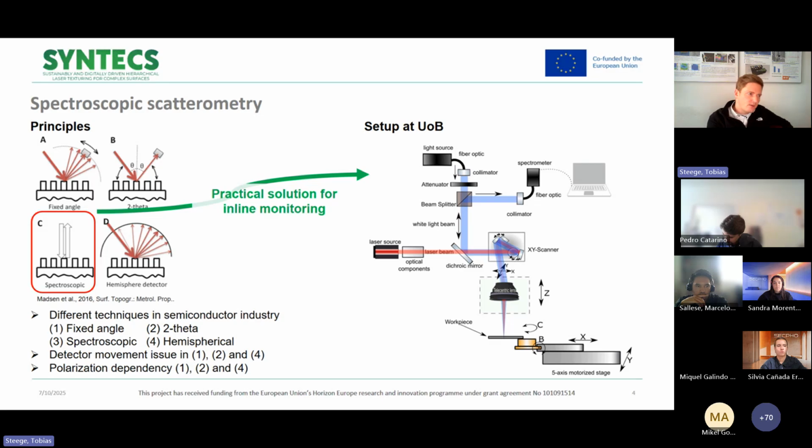So we had a white light source in the spectrometer, and we used the beam path, and we used the same scanner as well as the same theta lens as the texturing module itself. So you can texture and then directly measure your surface by spectroscopy.